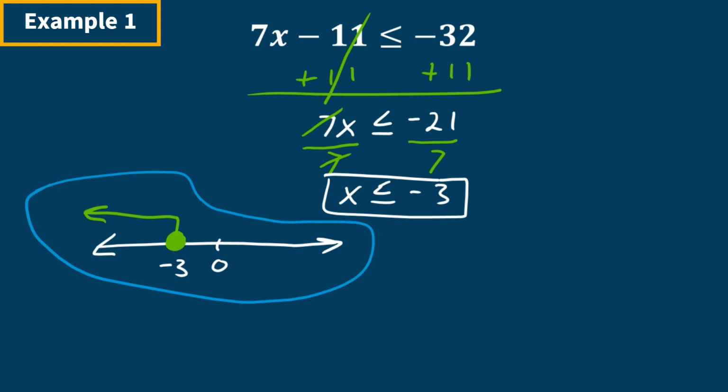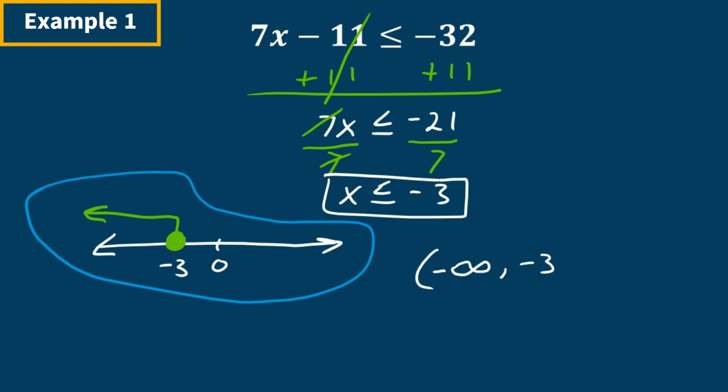And then the third way to write it is going to be called interval notation, where we can say that x is going to be any number that's less than negative 3, so that means x is going to go down to negative infinity. From negative infinity, we can go to negative 3.